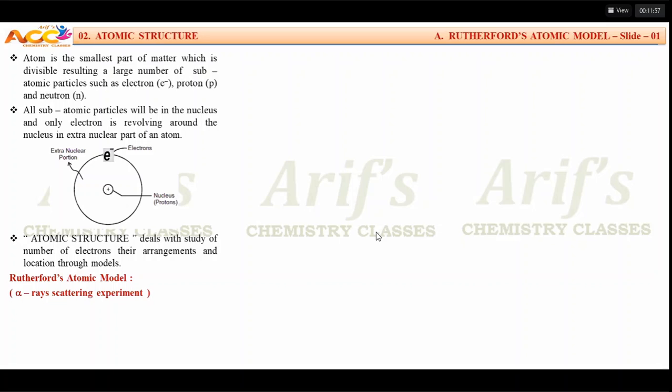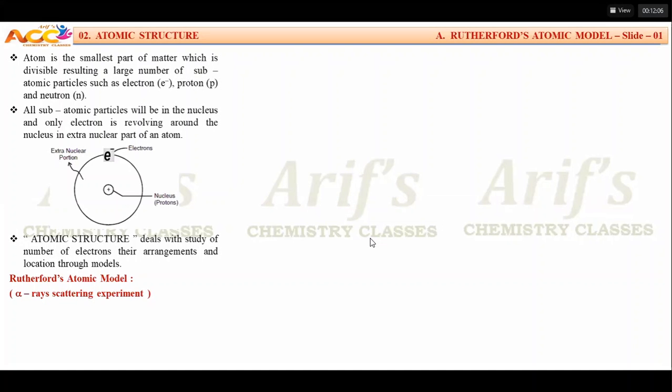Alpha rays. Why alpha rays? Come on, first of all, what are alpha rays? Alpha rays are radioactive rays, right? In your lower classes, the teacher told you alpha rays, beta rays, and gamma rays are called radioactive rays.